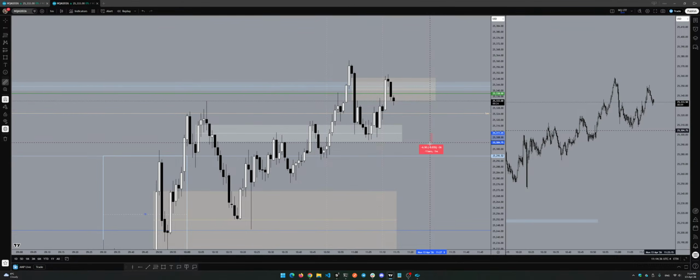And my stop would be somewhere around here under this tiny bullish order block, which would have been $46, and my reward would be $56, which isn't a good trade.